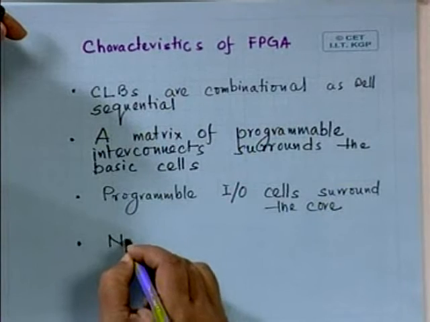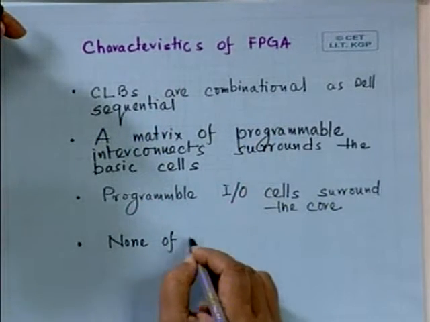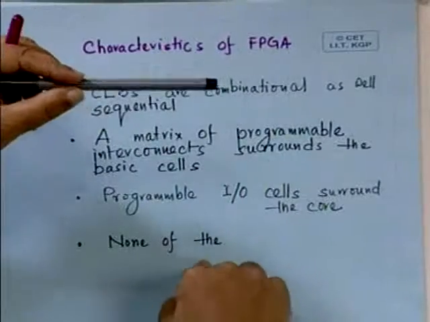None of the mask layers are customized. Customized means you can think of it as tailored or not tailored. That means based on the designer's requirement, whether things are programmed or already predefined.